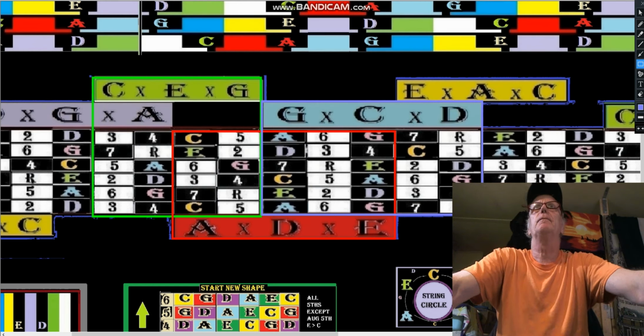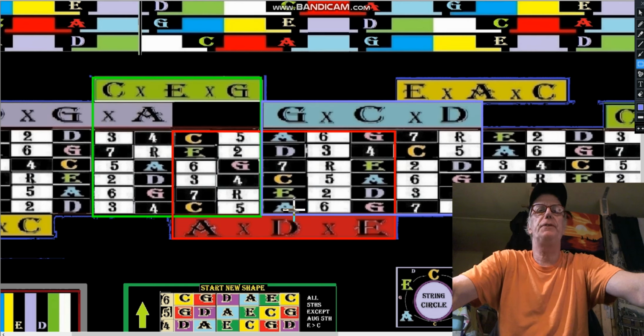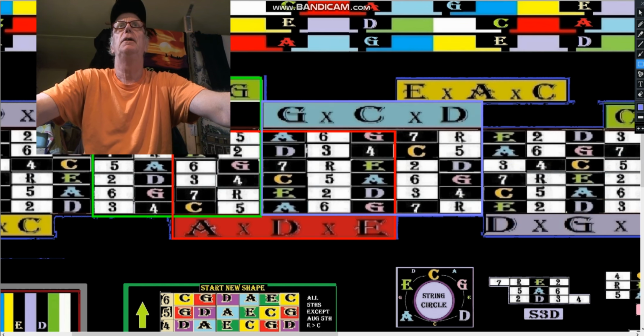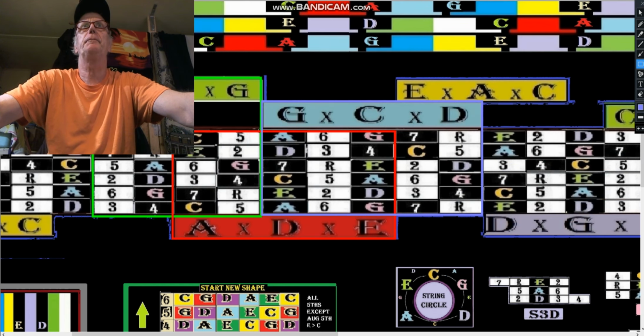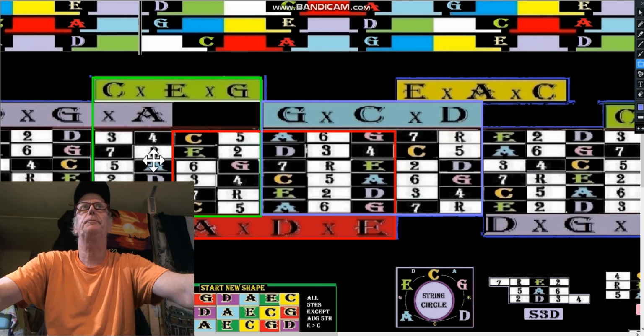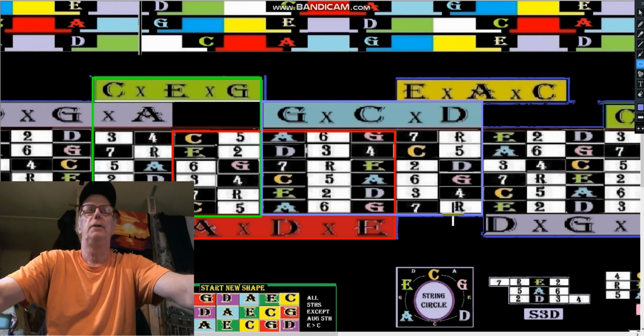It's important to know that in the A box, the bottom string shape is the A string shape. In the G box, the bottom string shape is 6, 7, root.